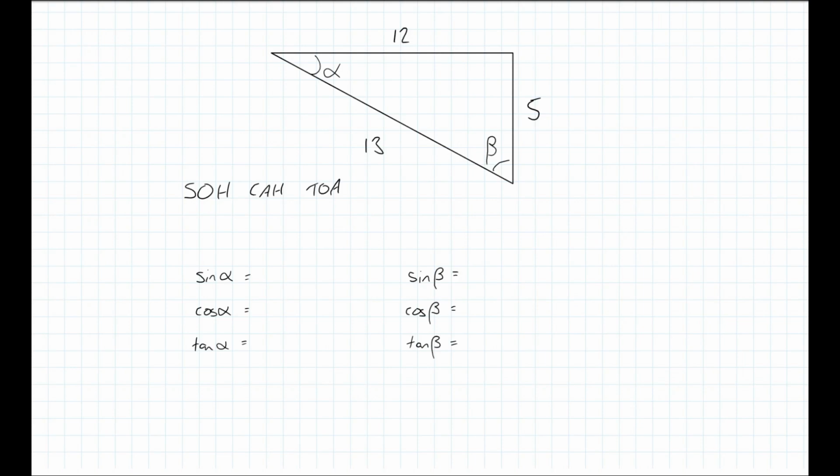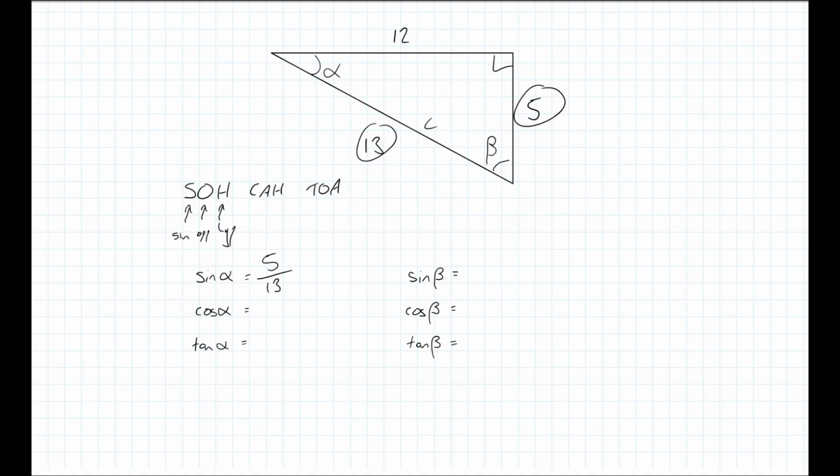So for this one here, I have SOH. That stands for sine, opposite, and hypotenuse. So when I am trying to find the sine of alpha, I'm going to do the opposite side to alpha, which is 5, over the hypotenuse of the triangle, which is 13.